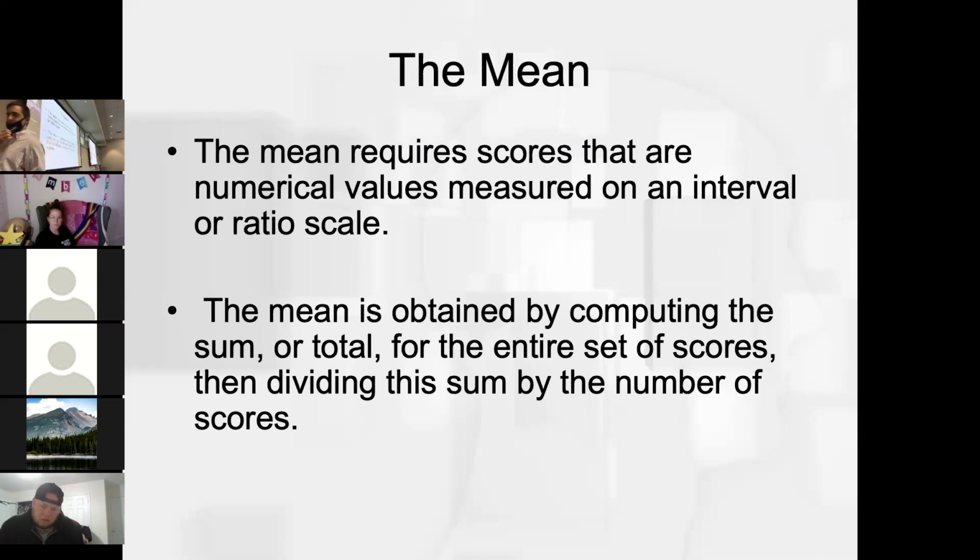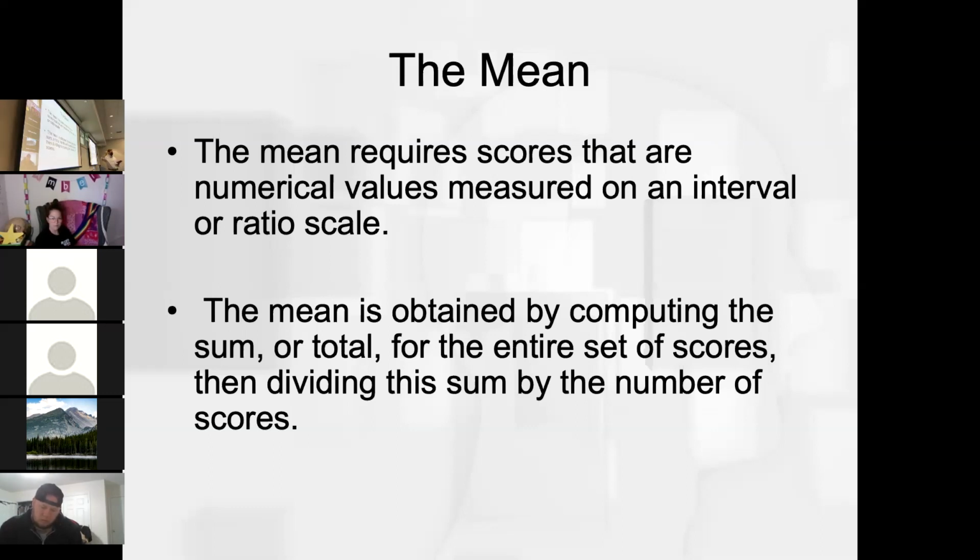And so let's first go over the mean. When you hear people say things like the average, almost every time they're referring to the mean. So the mean is just that numerical score on an interval or ratio.